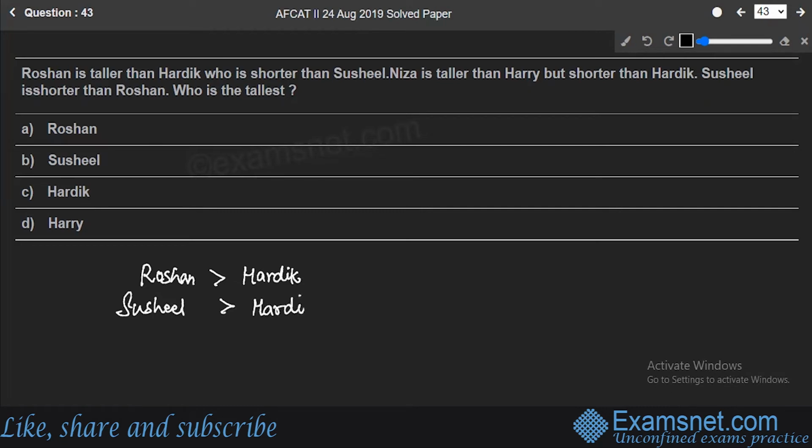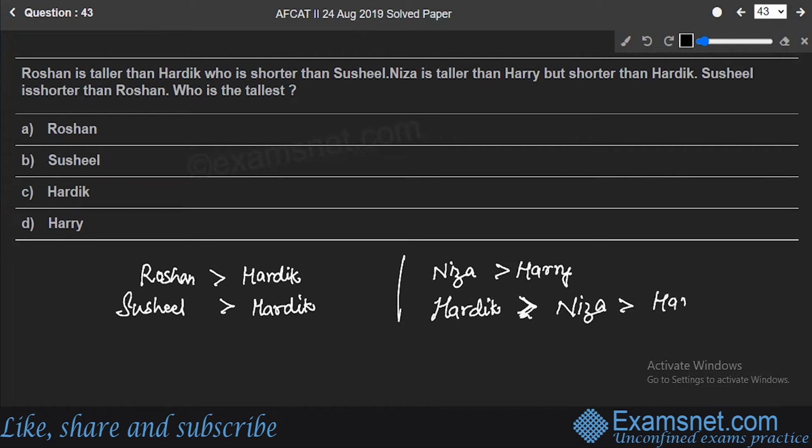Both are taller than Hardik. One more thing you are given, that Niza is taller than Harry. Also, you are given something like Hardik is taller than Niza and Niza is taller than Harry.